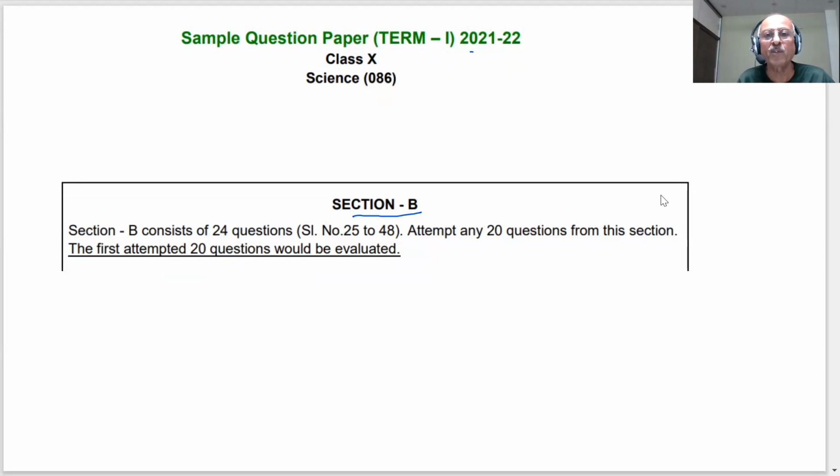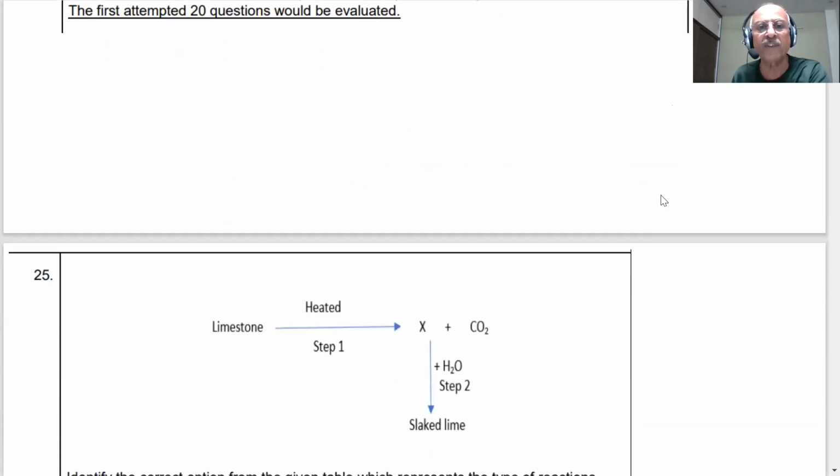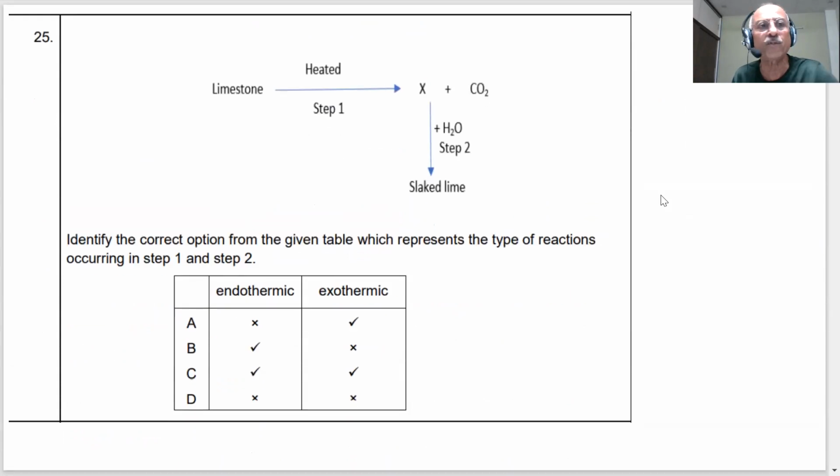This time I will be solving Section B. Section B consists of 24 questions, question number 25 to 48. Attempt any 20 questions from this section. The first attempted 20 questions will be evaluated. These are the instructions. So we are beginning with question number 25 on the screen, students.